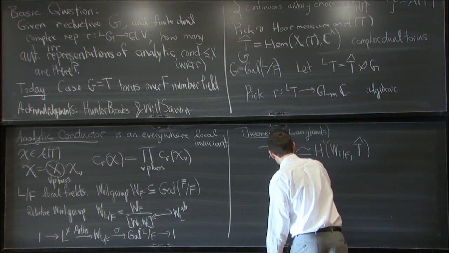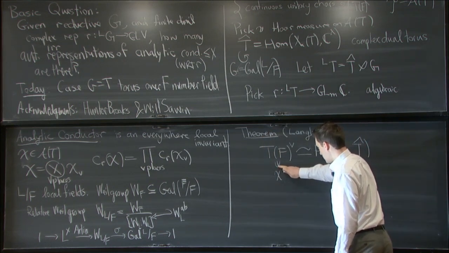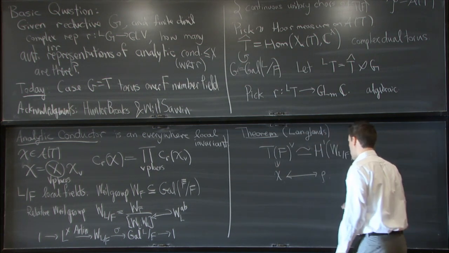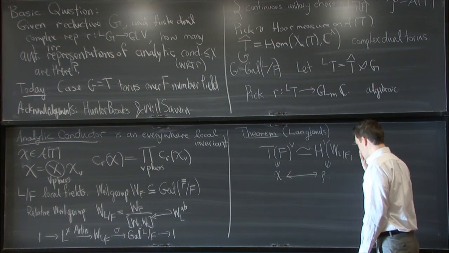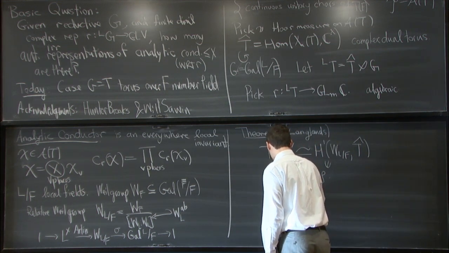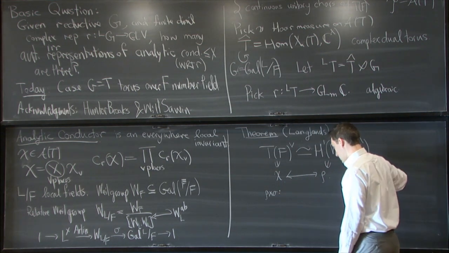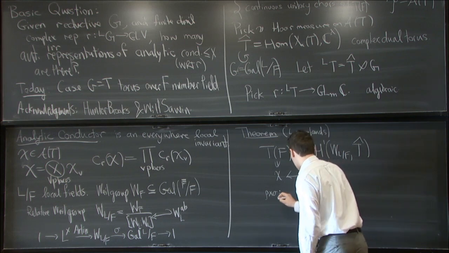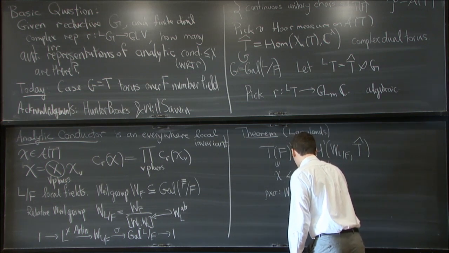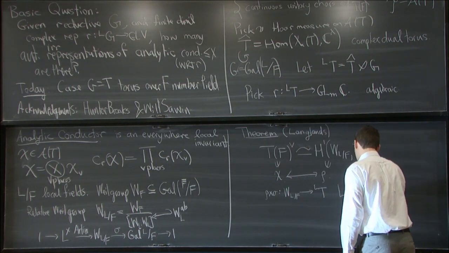If I take a chi, which is a character living here, and say it corresponds to rho living here, then rho cross chi, which is just a cocycle, gives me a Langlands parameter. So this goes into the L group of T.